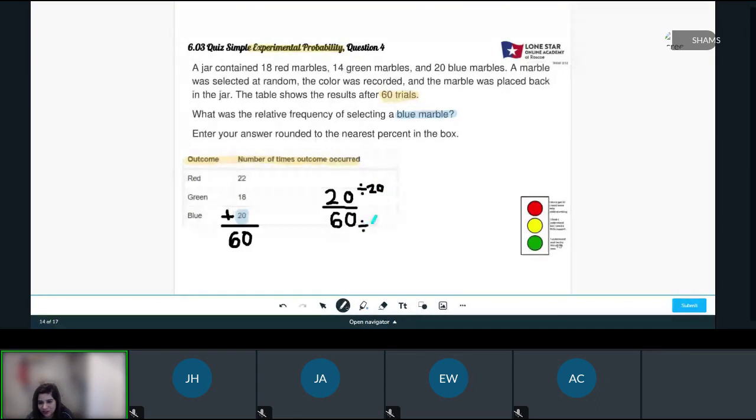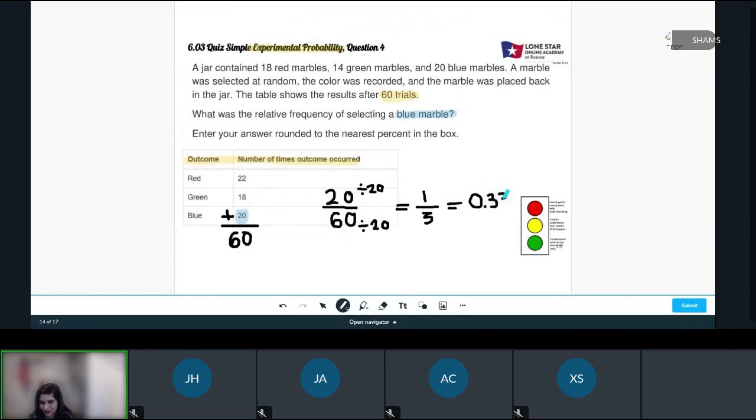Do you guys know how much 1/3 is as a decimal? 1/3 as a decimal is 0.333 ongoing.